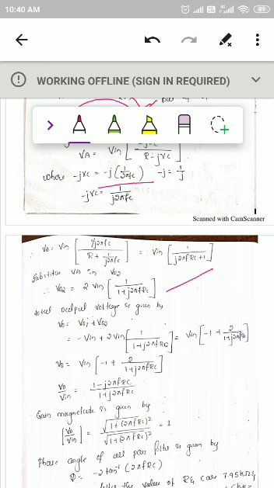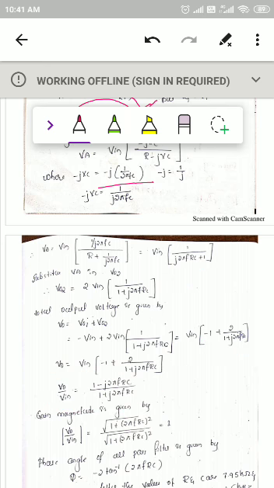Now just simplify this equation. One more step of simplification, and taking the Vin to the denominator side, you will arrive at the gain equation: Vo divided by Vin is equal to minus 1 minus j2 pi fRc divided by 1 plus j2 pi fRc.